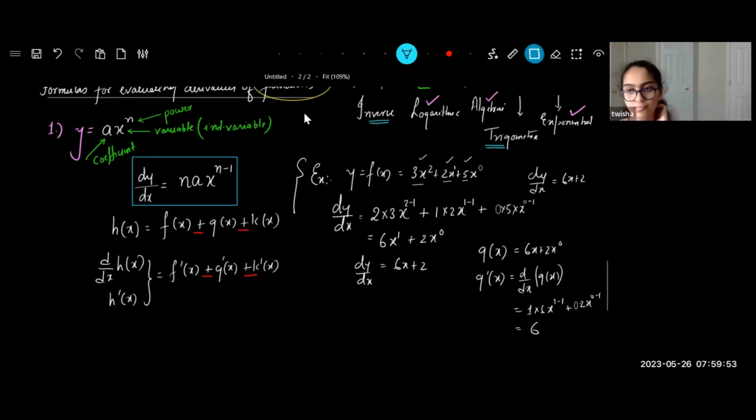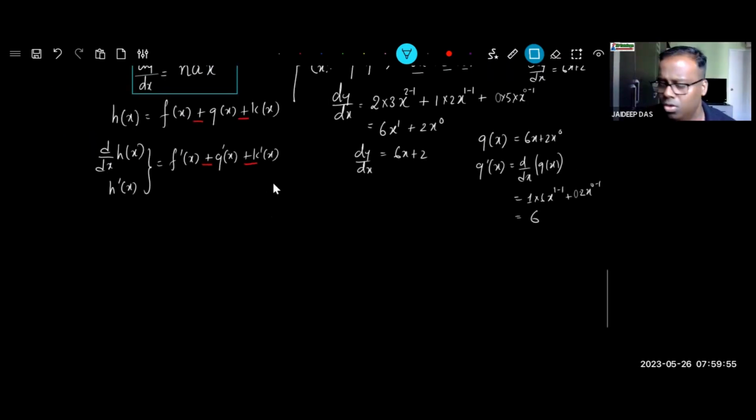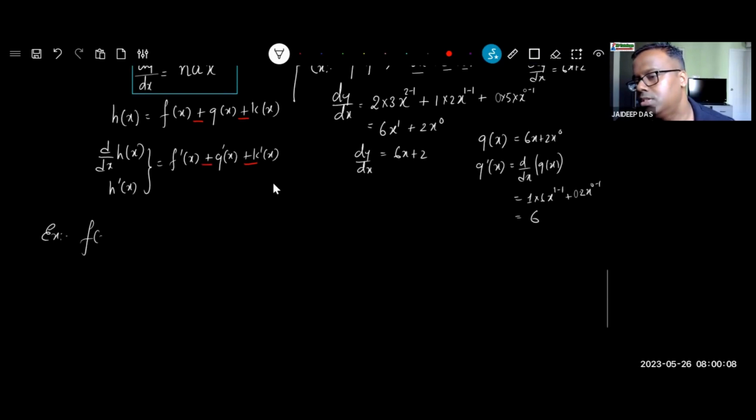Okay. Done? Okay, a couple of examples on these types of problems. Our next example is f of x is equal to 4x to the power 4 plus 3x squared, and we want to find out what is f dash x.